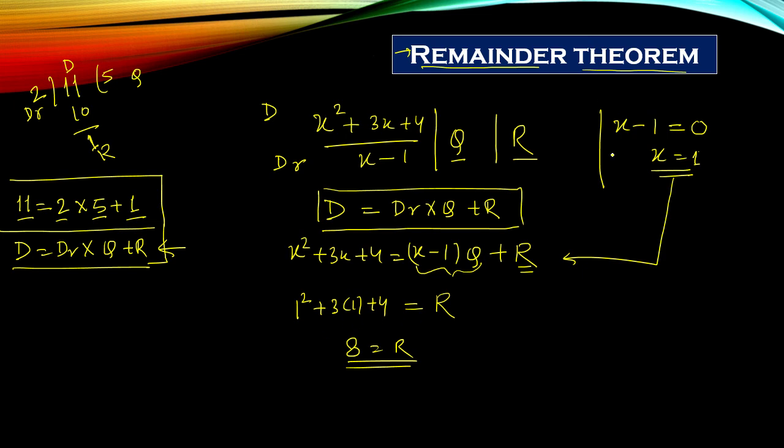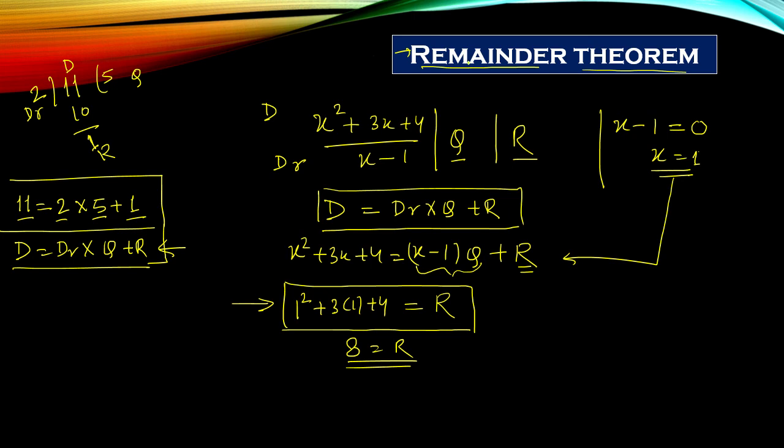So what does the final remainder theorem say? Now let's see the last step, which we actually have to use in the questions, and that is the final result of the remainder theorem. What is the final result? If we put the 0 of the divisor in the dividend, we get the remainder directly.